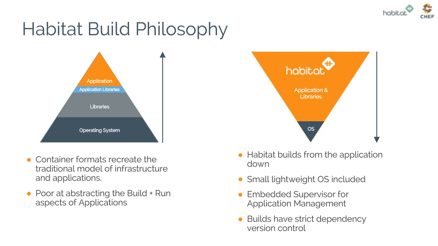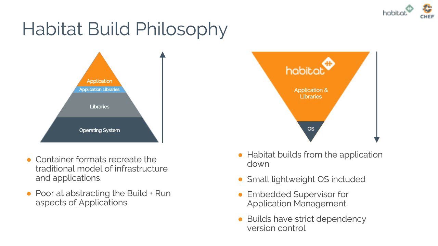What that means is that it's a great operating system, but it is definitely too bulky for a lot of the jobs that it's doing, because it's trying to be capable of doing every job instead of a single job. And what we see with the way that container formats are being adopted right now is that those formats are recreating that traditional model where we have this bloated one-size-fits-all operating system and libraries, and then kind of smushing our application and application-specific libraries on top of it.